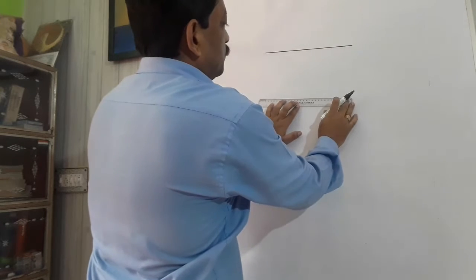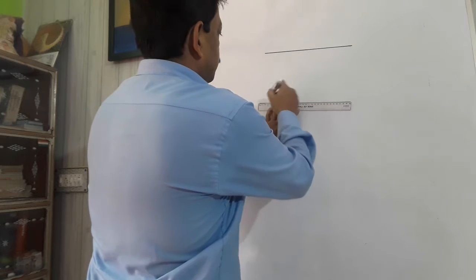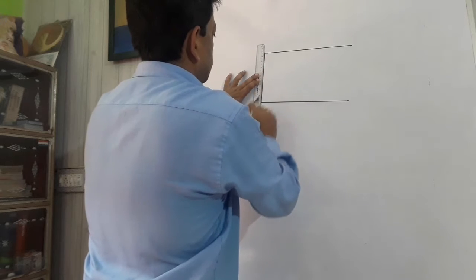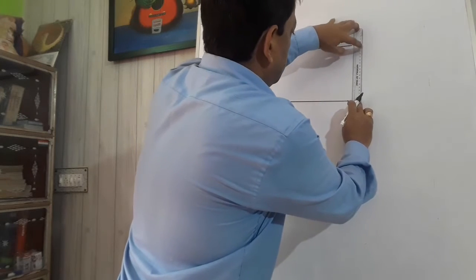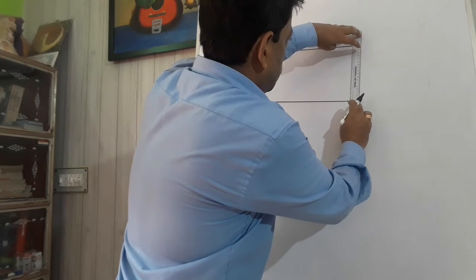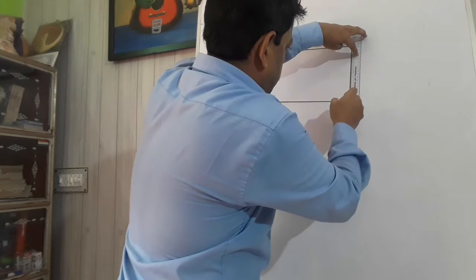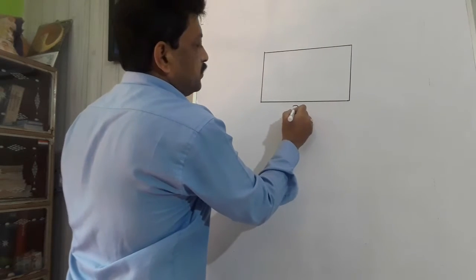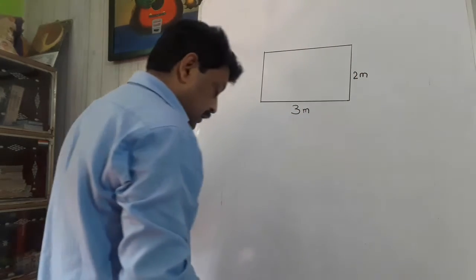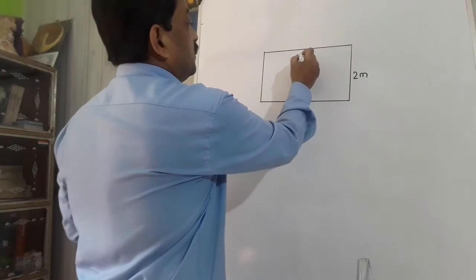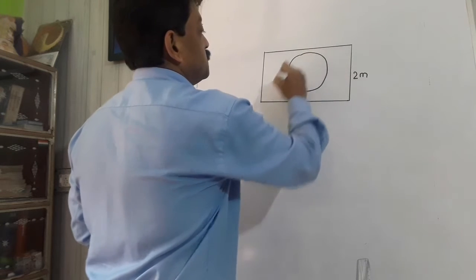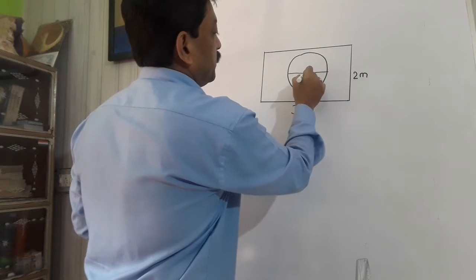The rectangular region whose length is 3 meter and the width is 2 meter, and inside the rectangular region there is a circle of diameter 1 meter.